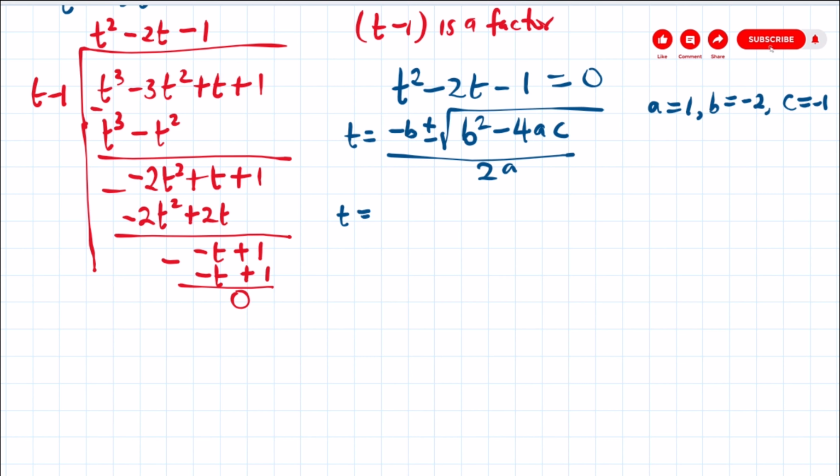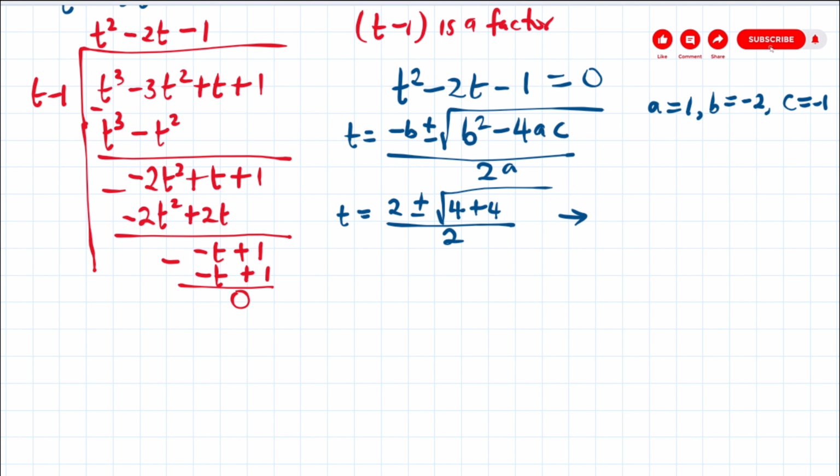t is equal to negative of negative 2, which is positive 2, plus or minus square root of negative 2 squared, which is 4, minus 4 times a, which is minus 4 times 1, which is minus 4, then times c, which is negative 1, so that's plus 4, all over 2 times a, 2 times 1 is 2.